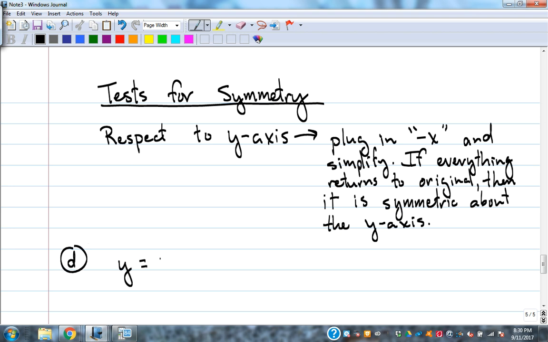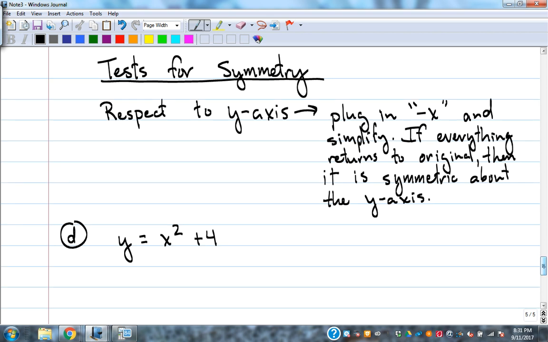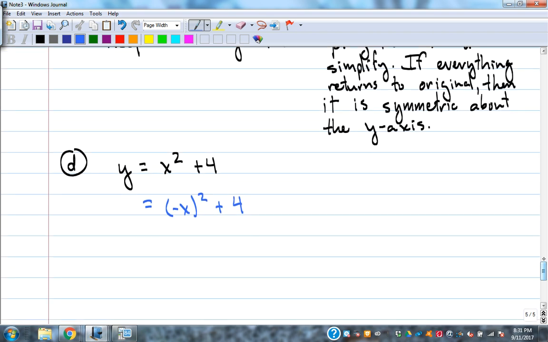Y equals x squared plus 4. That's our original equation. We want to know if it's symmetric with respect to the y-axis. Plug in negative x and then follow exponent rules or order of operations rules. Order of operations rules the game. So when I square negative x, that's negative x times negative x, which would be positive x squared plus 4. Is this line the same as that line?